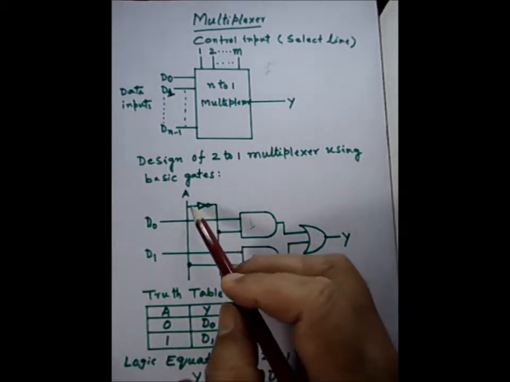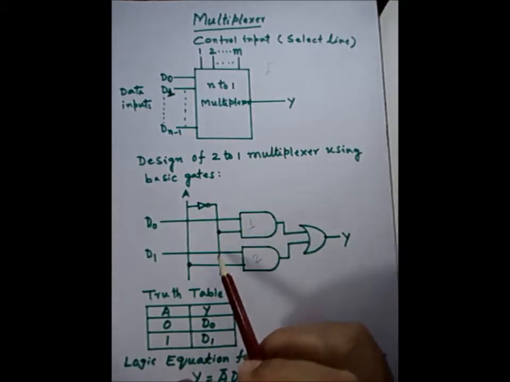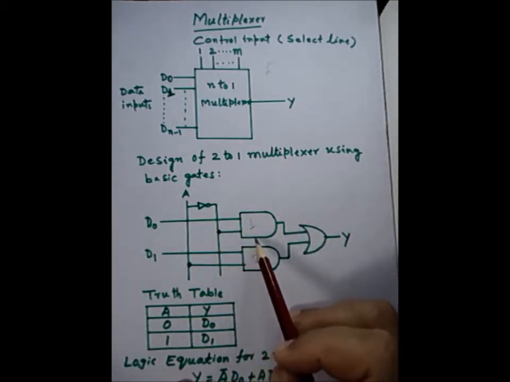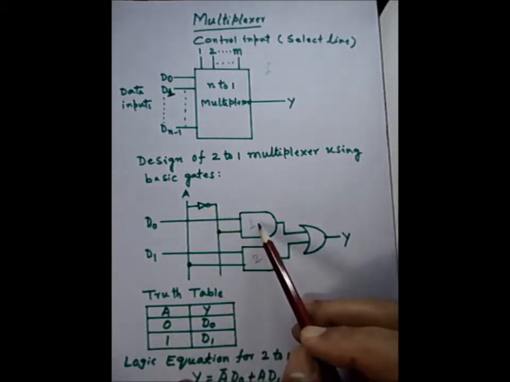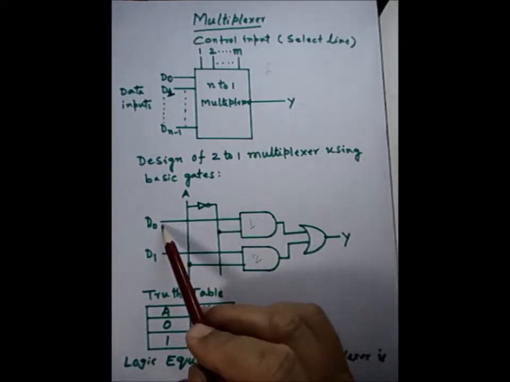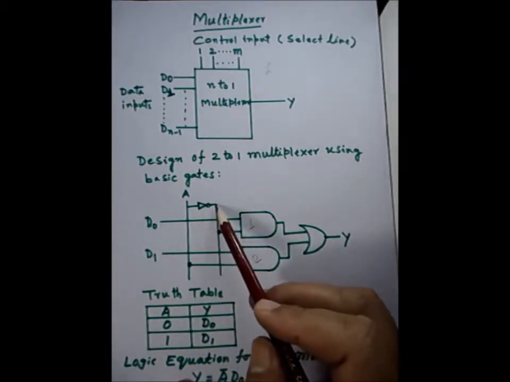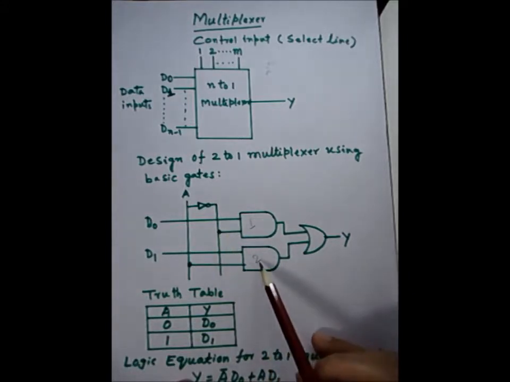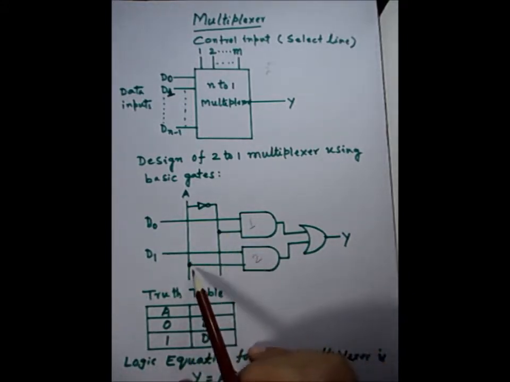This is the circuit for the 2:1 multiplexer. One AND gate, which I can name gate 1, takes D0 and the complement of A, and the second AND gate, gate 2, takes D1 and A. These feed the OR gate.